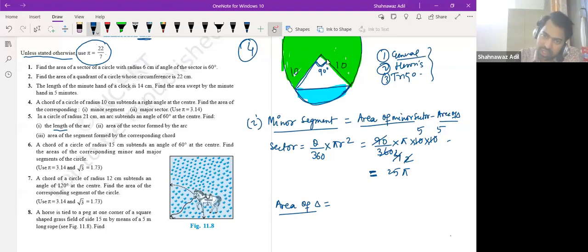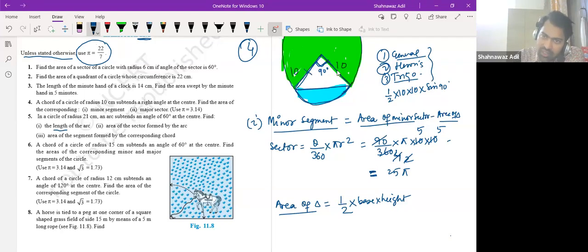So if we choose this base, then height is right. So half into base into height. And if we use the sine formula, that would also be correct. So that would be half into 10 into 10 into sine of 90, right?